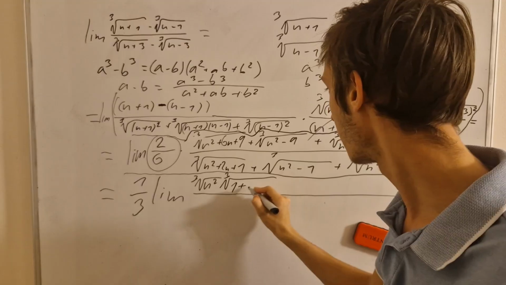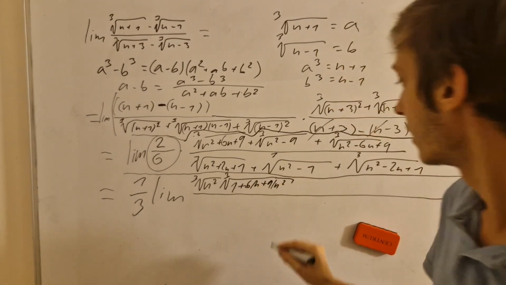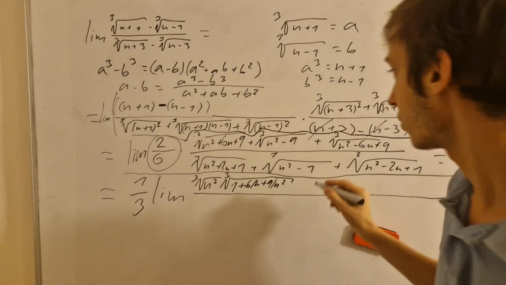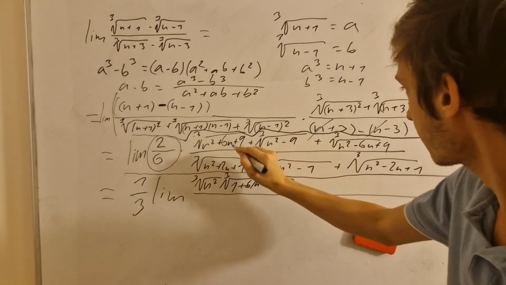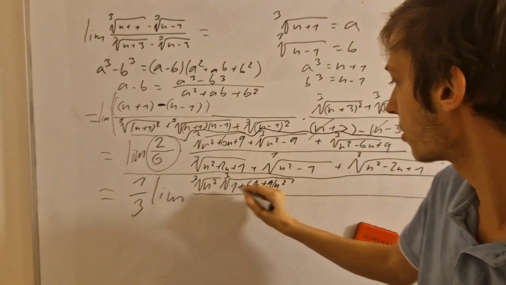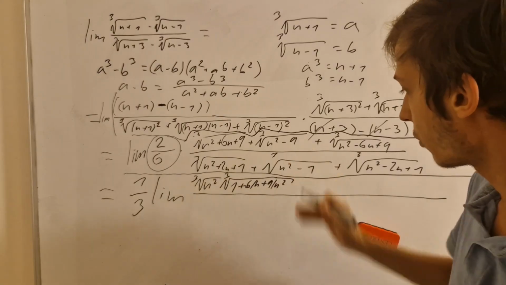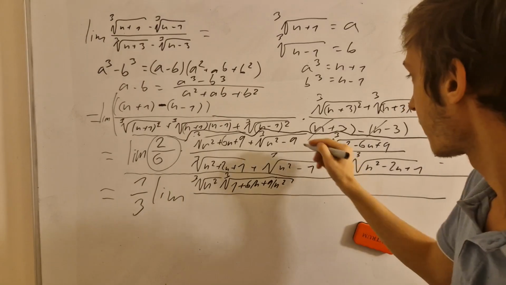So 1 plus 6 over n plus 9 over n squared. These two terms will eventually go to 0. This will be a dominant term and this will be a constant term, but 6 over n will go to 0 and 9 over n squared will go to 0.